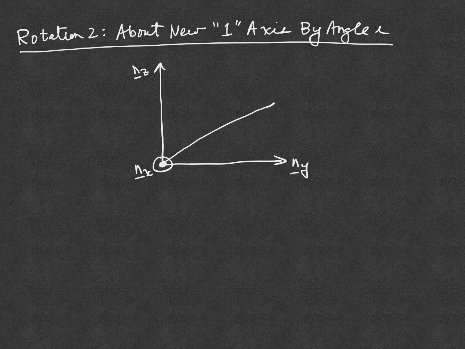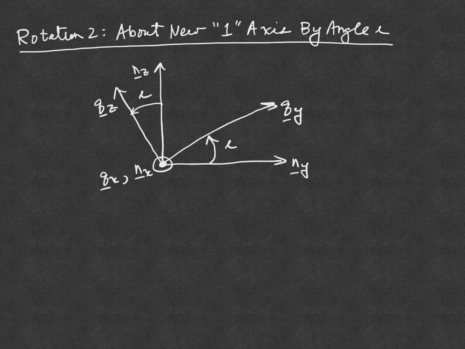And that results in a new basis, which is qx, qy and qz, with nx staying the same and resulting in qx. And the rotation is by the angle I.